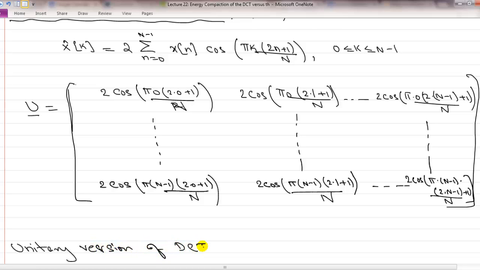The unitary version of the DCT has U Hermitian U equal to U times U Hermitian equal to I, the identity, and we can take the Hermitian to be equal to the transpose because it's a real valued matrix.